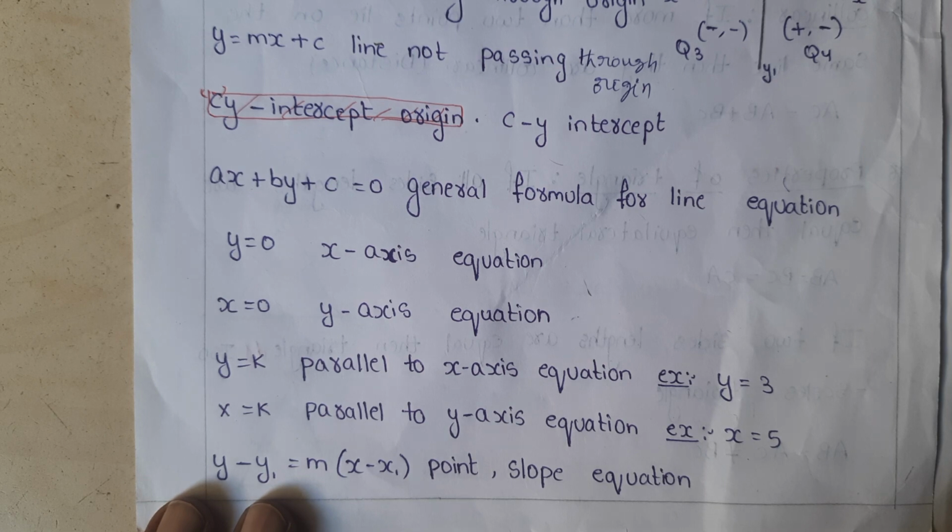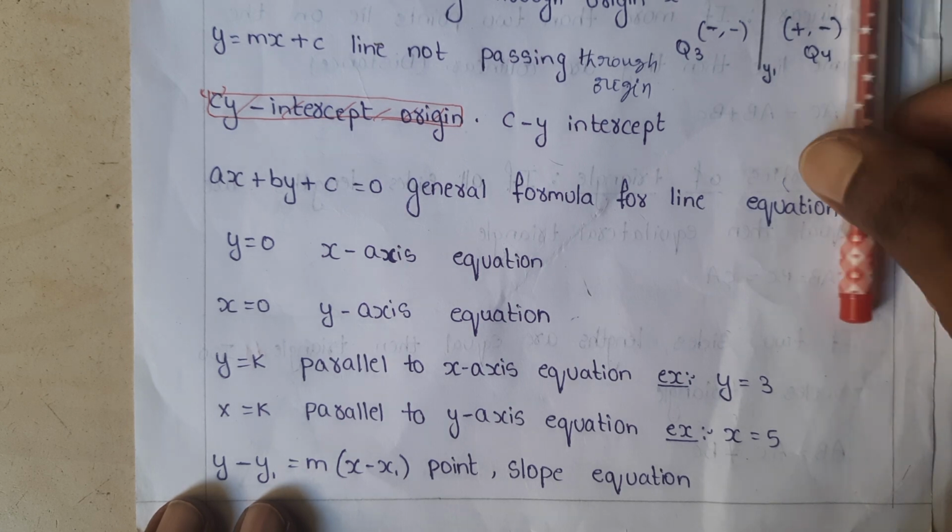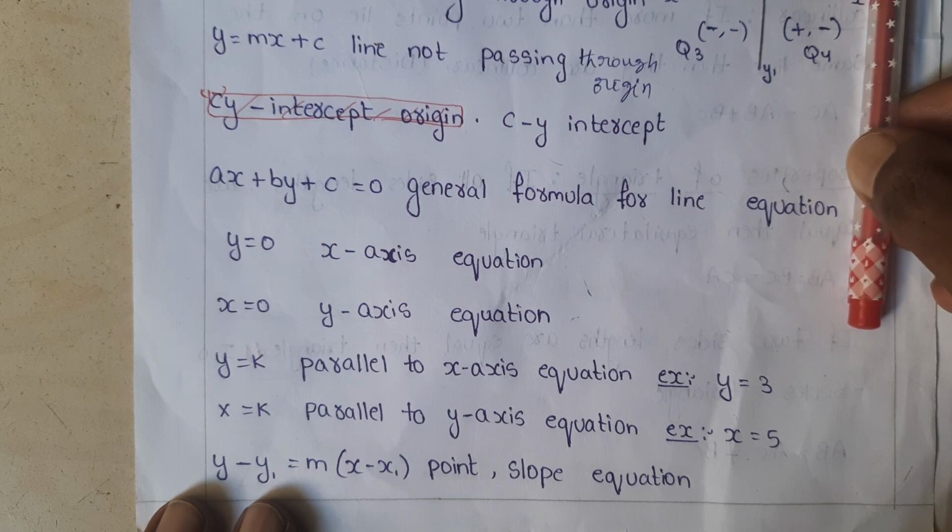That is, y = k represents a line like this, 3 units away. Suppose x = k means parallel to the y-axis; x = 5 is 5 units away from the y-axis, and it is parallel to the y-axis only.